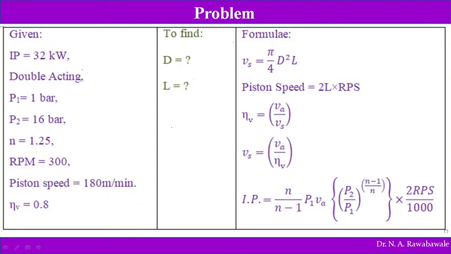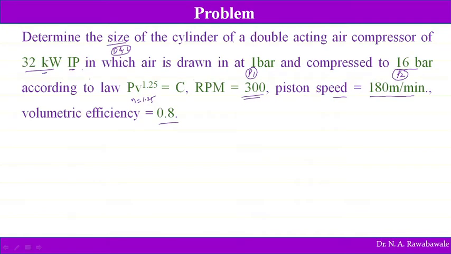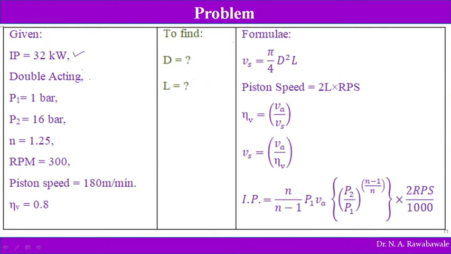So we'll collect this information. Indicated power is 32 kilowatt. It is double acting, so this is not a single acting but a double acting air compressor, which is an important parameter given here.